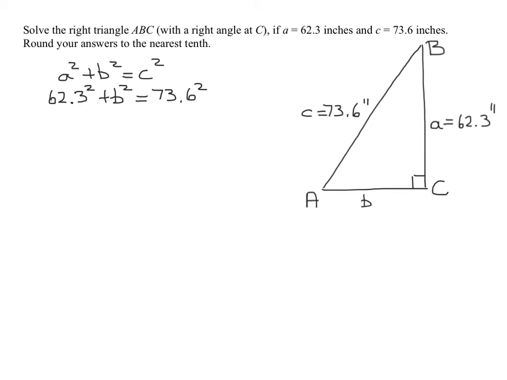So now taking out my calculator, I get 3881.29 plus b squared equals 5,416.96. Then I'm going to have to subtract this number from both sides to isolate my b squared.